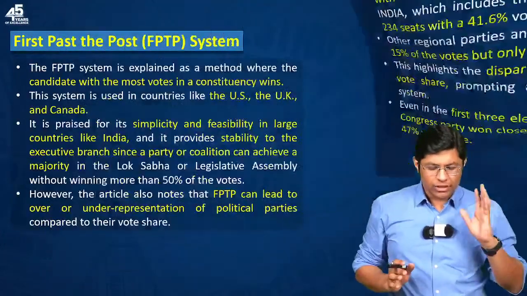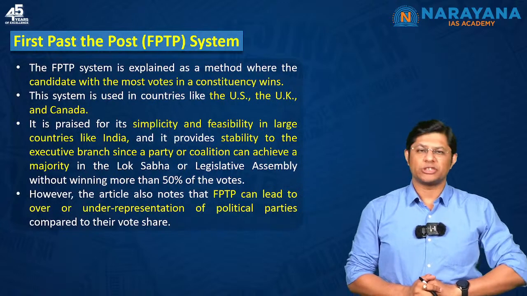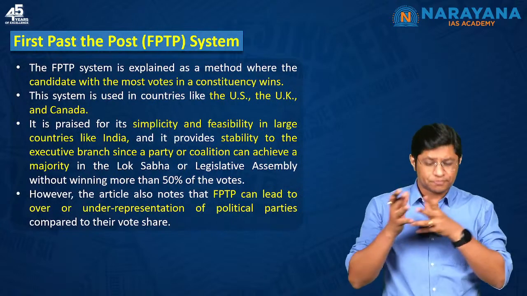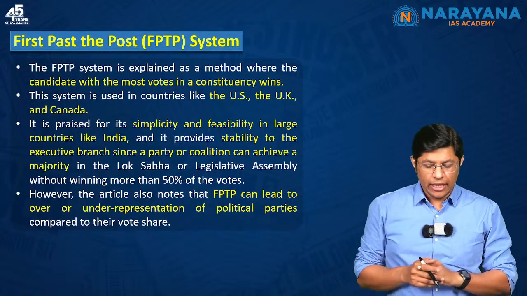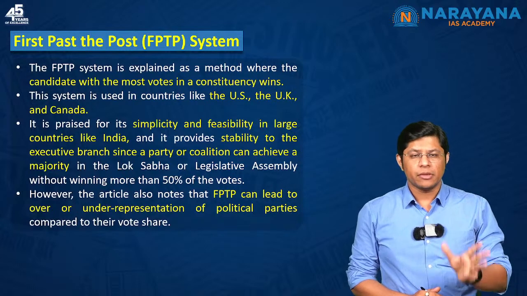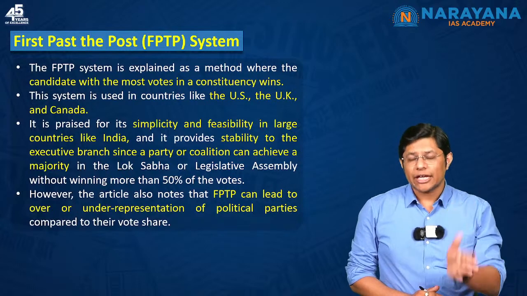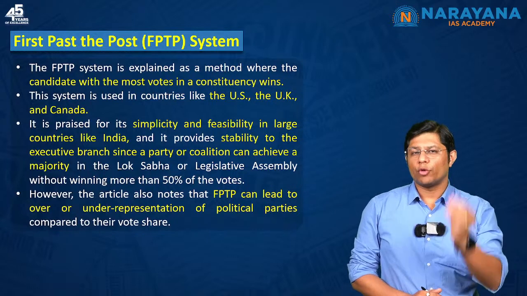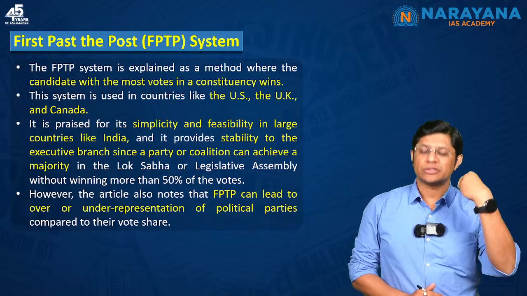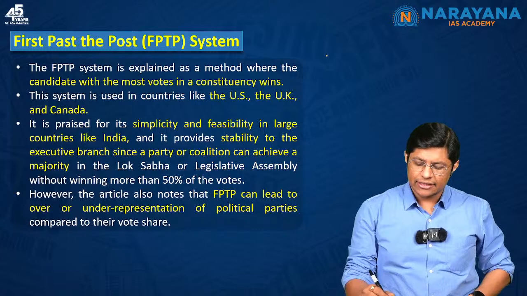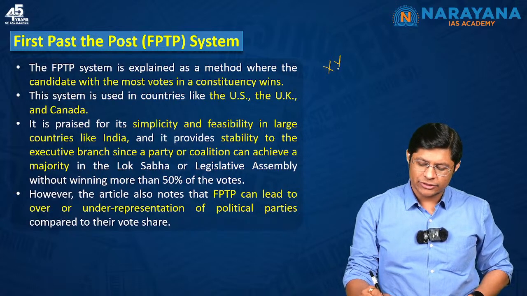Now let us try to understand what is the first past the post system that we practice in our country. In the first past the post system, any candidate securing the maximum number of votes will be declared a winner in a constituency. For example, let's say this is a constituency named XYZ.